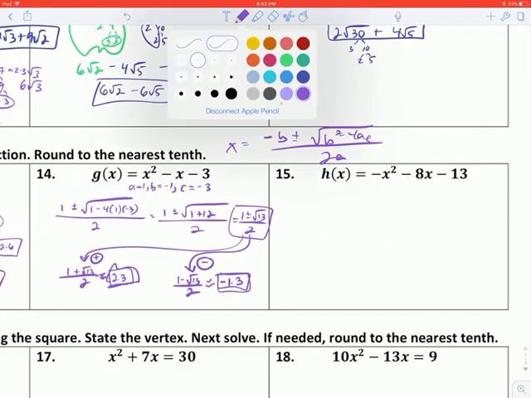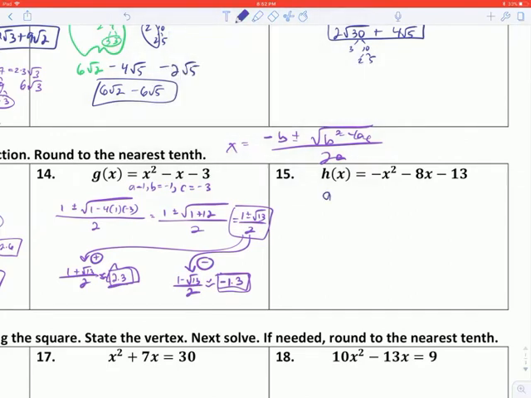And then 15. One more, I'll just switch up the colors. I have a equals negative 1, b equals negative 8, c equals negative 13. So I'm going to plug that in, and every time here I've been getting my b is negative, so this is making that first b value positive in the equation.